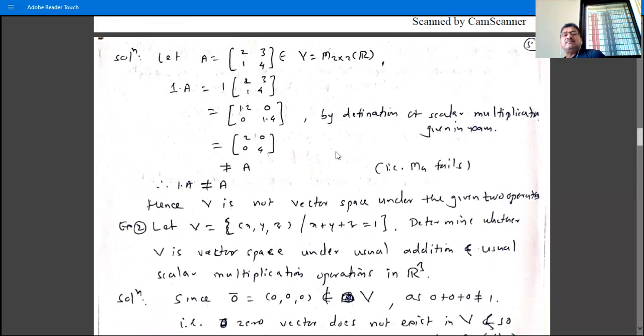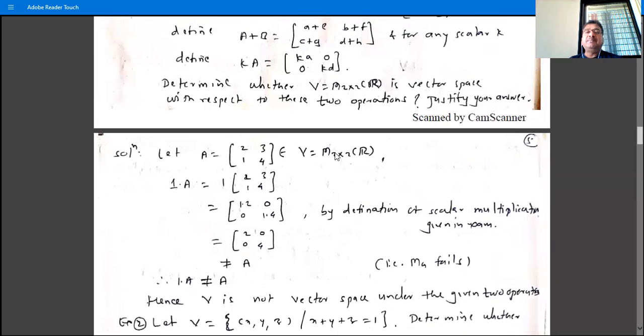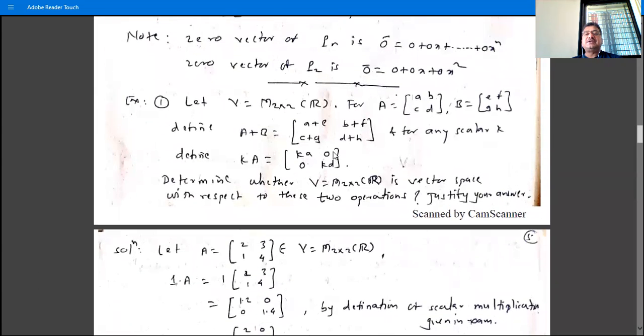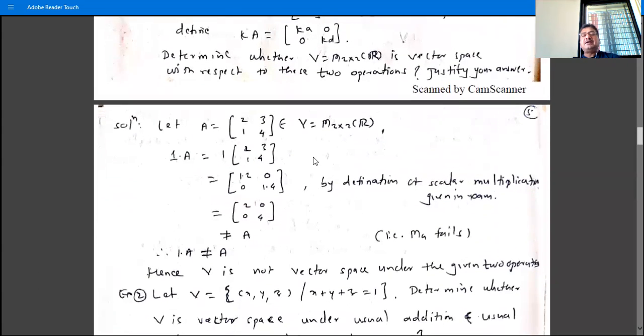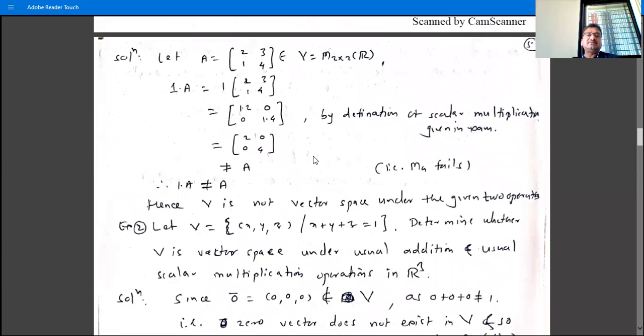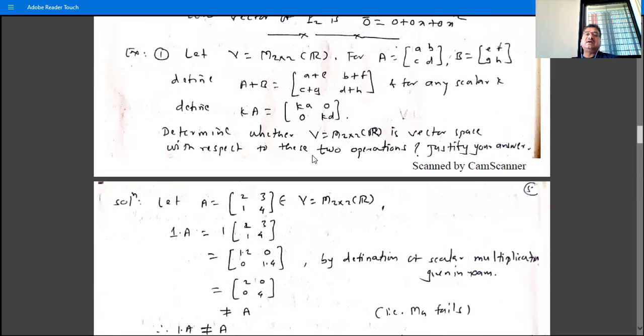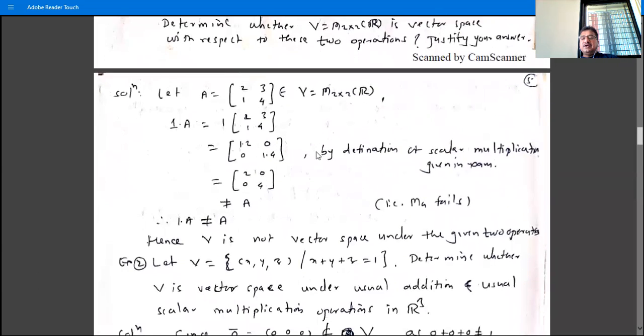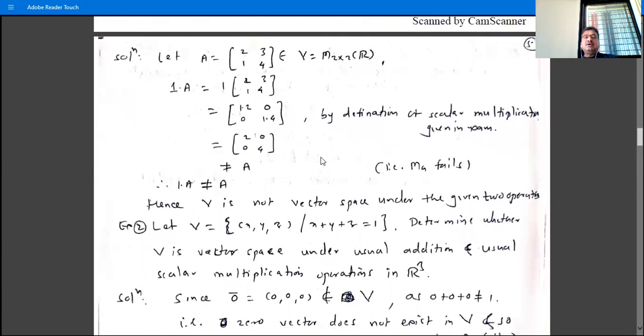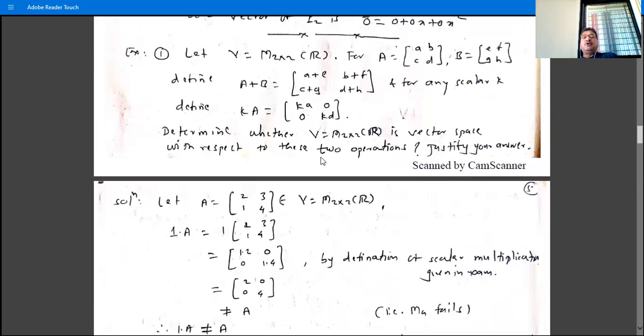Suppose for a set, 5 properties are dissatisfied. Then give any one out of those 5 dissatisfied properties. So to give the solution of an example in which the set is not a vector space, give any one property which fails for that set. Don't write the properties that are satisfied for the set.